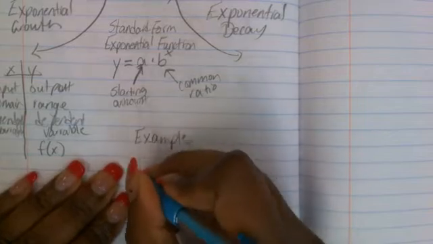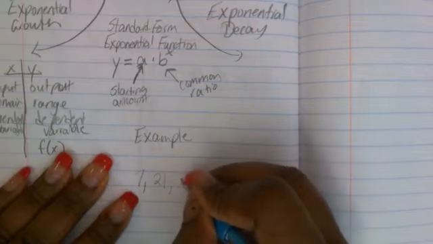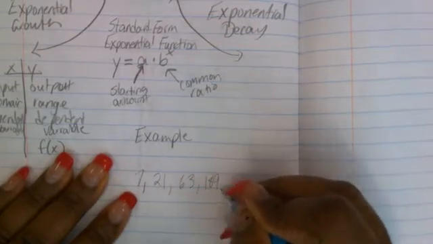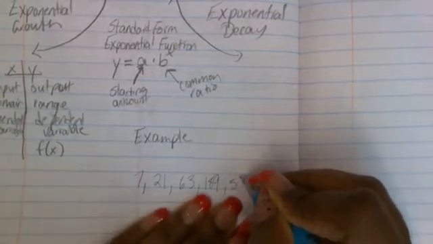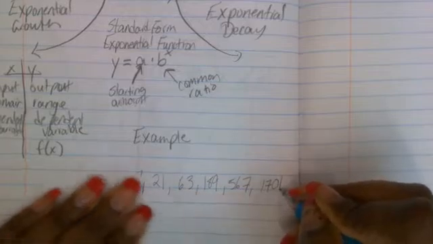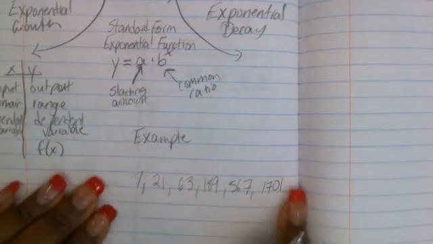So we may have 7 as your first number, 21, 63, 189, 567, and 1,701.